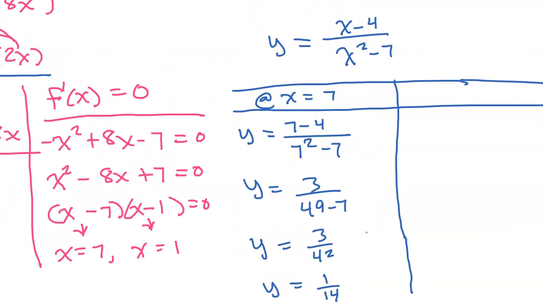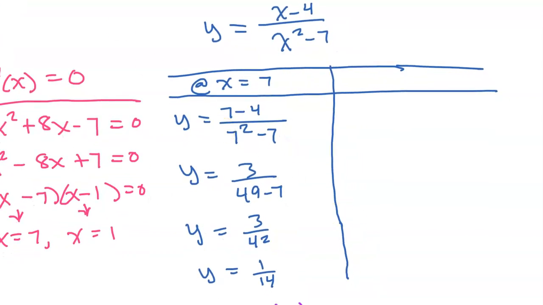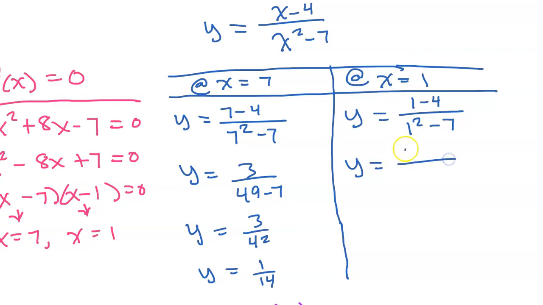So let's do that again at the x value of 1. So at x equals 1, y equals 1 minus 4 over 1 squared minus 7. So y equals negative 3 over, well, 1 minus 7 is negative 6.